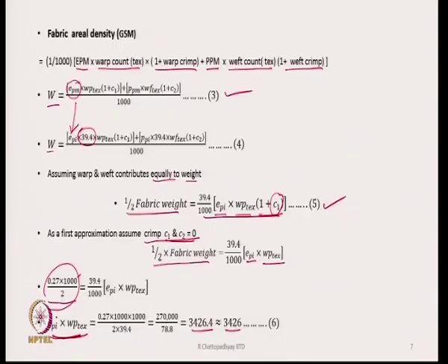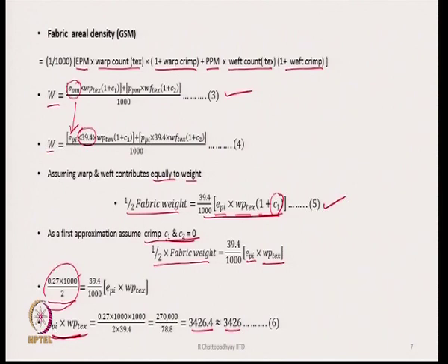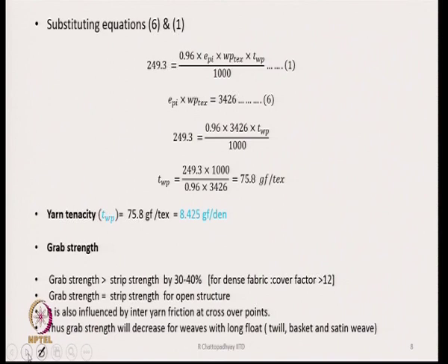So, we have no way to find out. Theoretically there could be so many combinations of EPI and warp count to get this value 3426. There could be innumerable combinations possible, but all the combinations will not work because we have to meet other requirements also. So, what are the other specifications given here, that also we have to include.